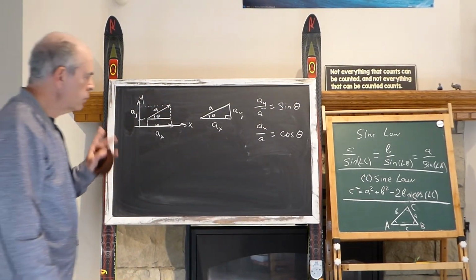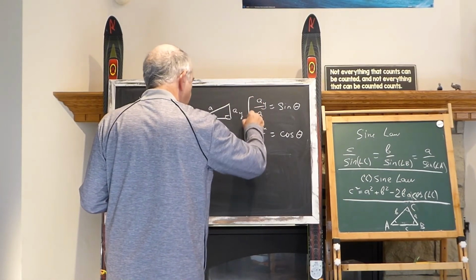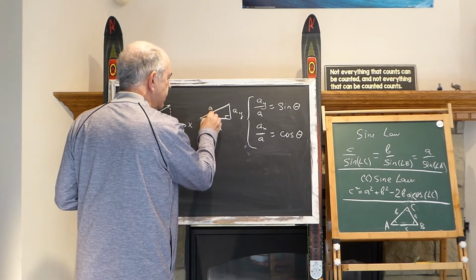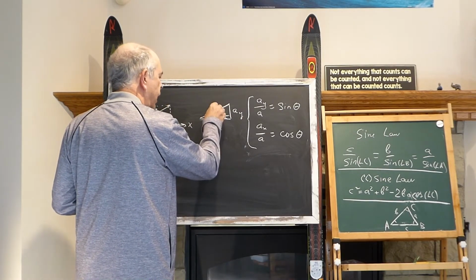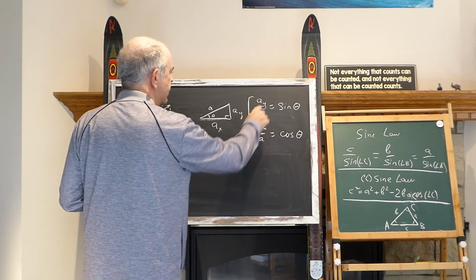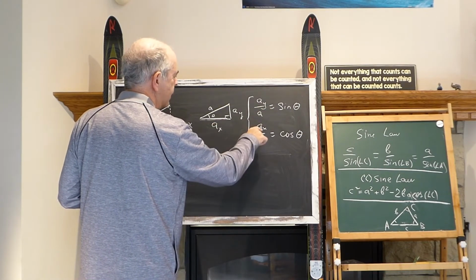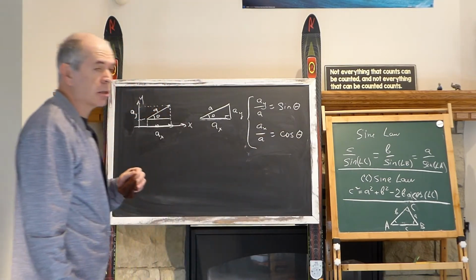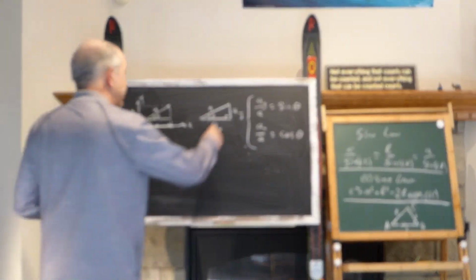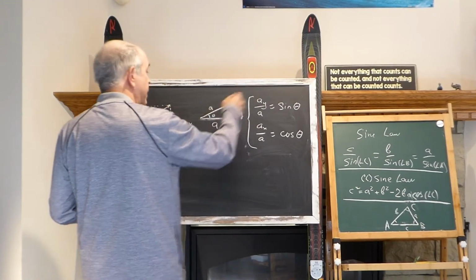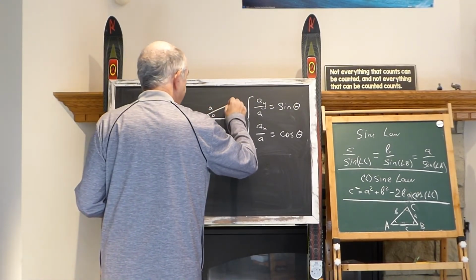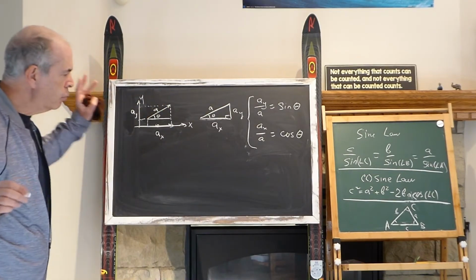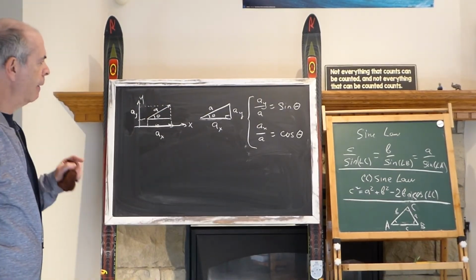Right? There is no way around that. This side close to the theta divided by the hypotenuse, this would be this side, and it is ax, divided by A, and it gives us cosine. And this side, opposite of the theta, divided by A, is sine theta. And you have to remember this.